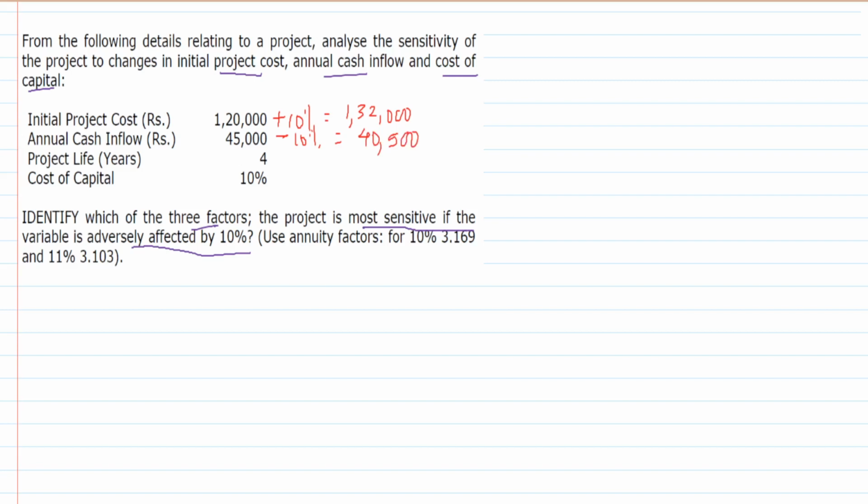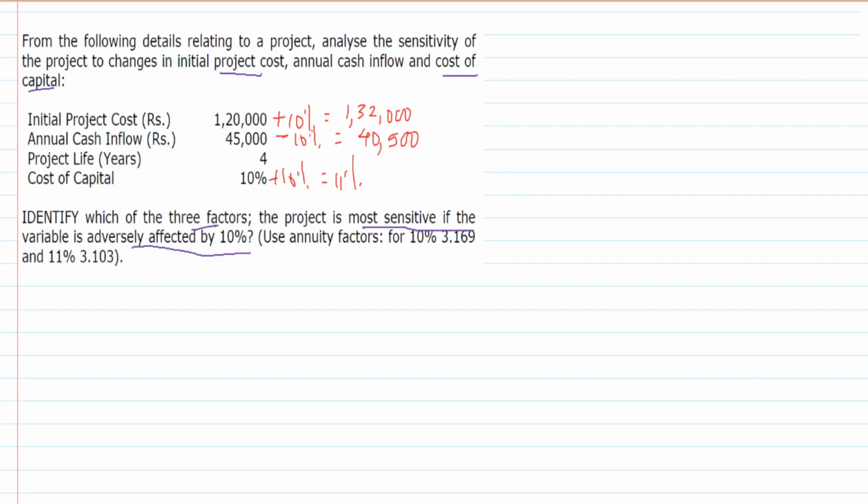And finally, the cost of capital. Cost of capital is used as a discount rate. The higher the discount rate, the lower the present value. So here I should increase it by 10%. So my revised WACC, or the revised discount rate, is 11%. So the way we should approach this question is we should work out the basic NPV and at the same time carry out sensitivity analysis for 10%, adversely affecting these three factors.